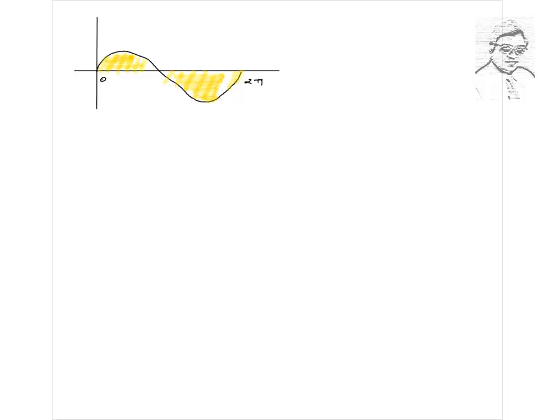Integral 0 to 2 pi can be split as 0 to pi and then pi to 2 pi. This is going to be positive algebraic area and this is going to be negative algebraic area. Magnitude-wise they will be equal, but sign-wise they will be opposite. So they will cancel each other.